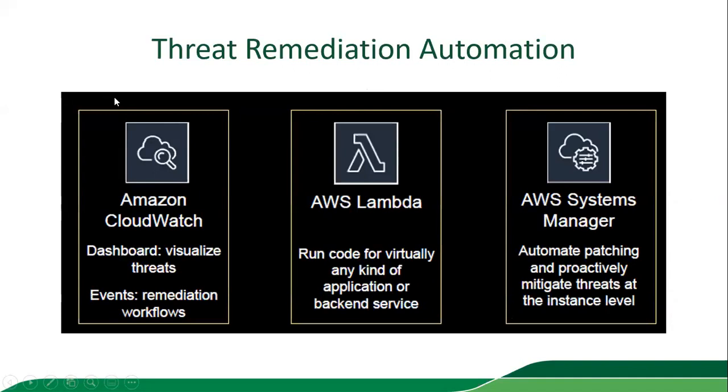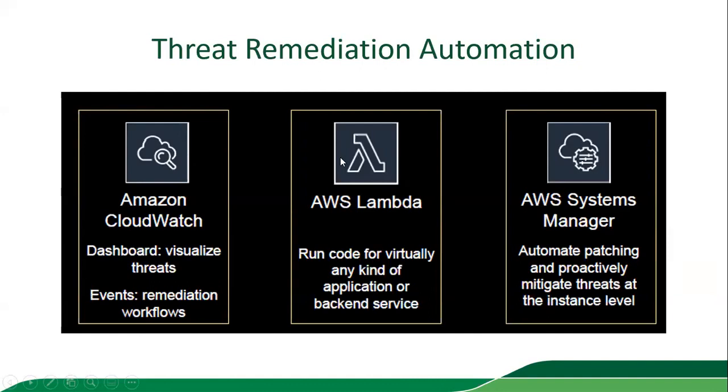In threat remediation automation, we will have a CloudWatch dashboard to visualize threat events. Remediation workflows you can create in CloudWatch if you want: what steps have to be followed if a particular threat happens or a particular security incident occurs. Then you will use a Lambda function to take actions. You can run your code for virtually any kind of application or backend service.